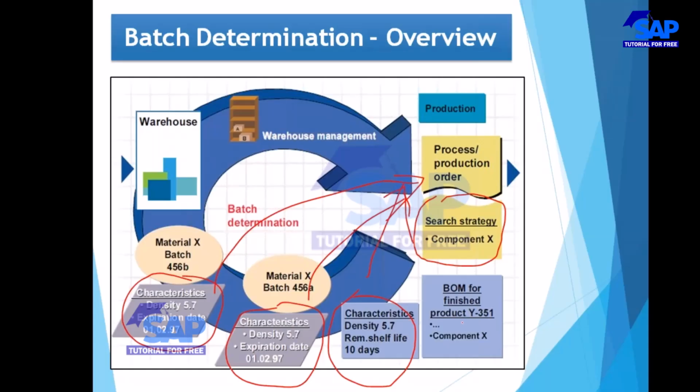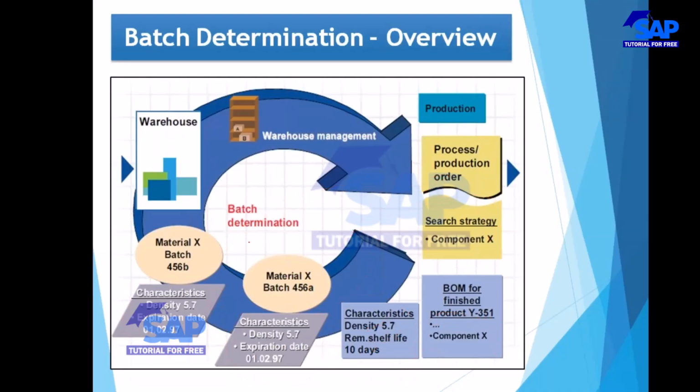Let's say you have a component called X. For that component you will assign a search strategy. Component X will have characteristics like density and remaining shelf life, and based on those characteristic values, it will pick the batches into the production order or process order. That's what happens in batch determination.